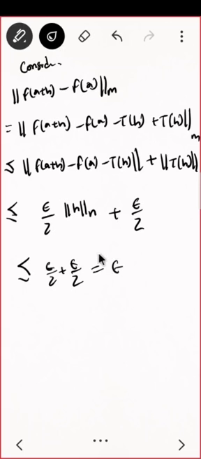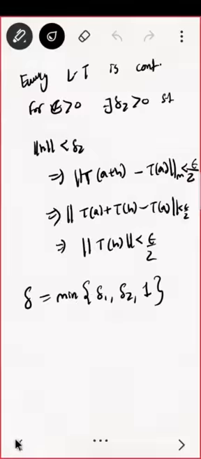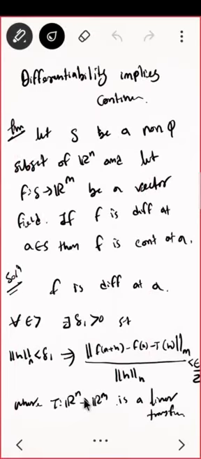So we have proved that norm of f of E plus H minus f of E is less than epsilon, correct? Where am I using norm H less than 1 here? That implies F is continuous at E belongs to S. That's it. Look at the proof once again and tell me if you see any doubt or anything.